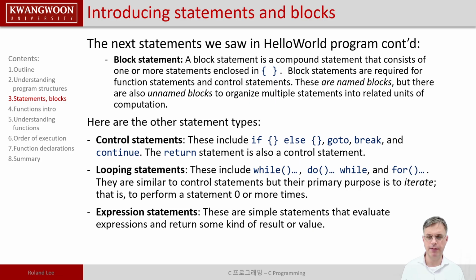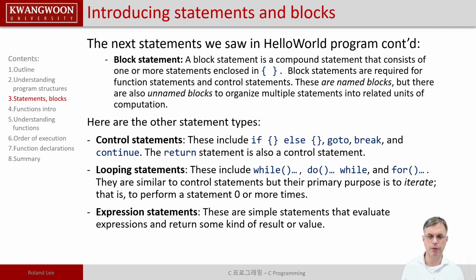Looping statements include while, do while, and for. They are similar to control statements, but their primary purpose is to iterate, that is, to perform a statement zero or more times. We will look at this later on.